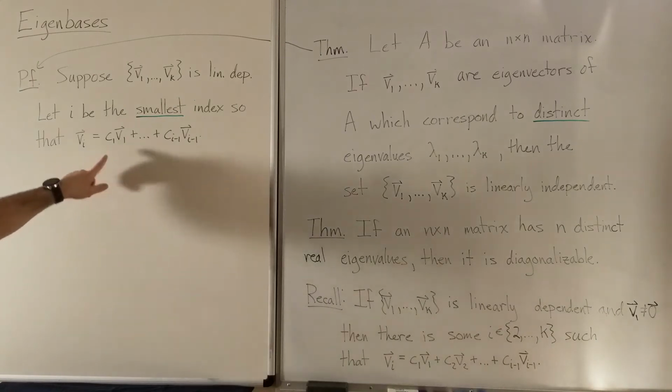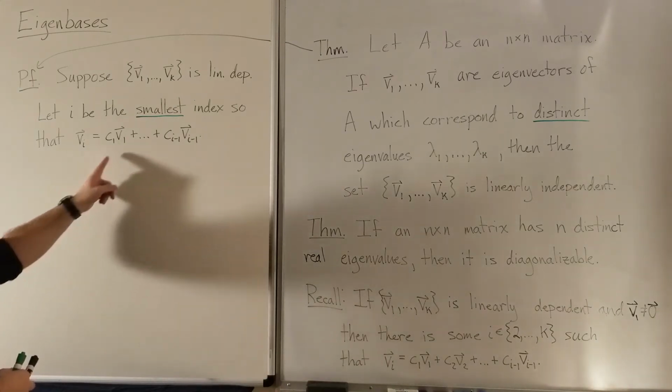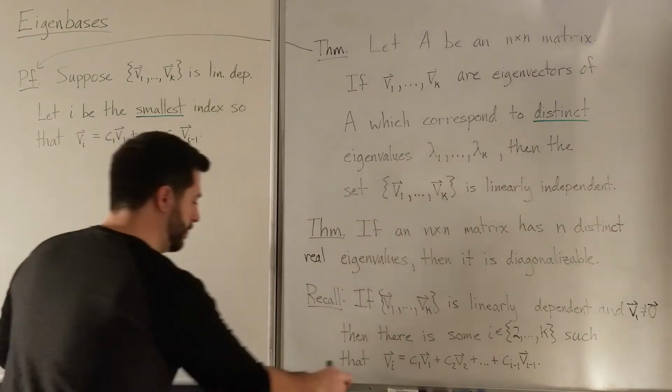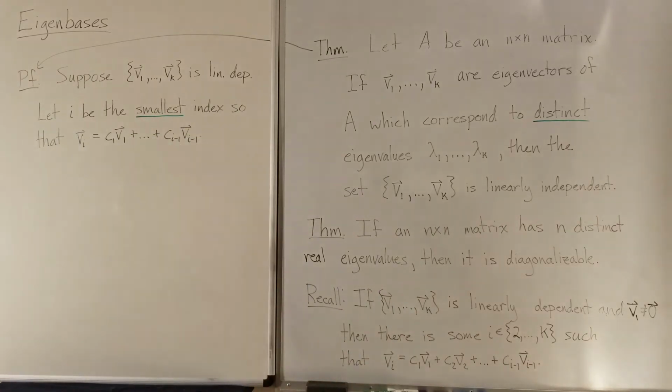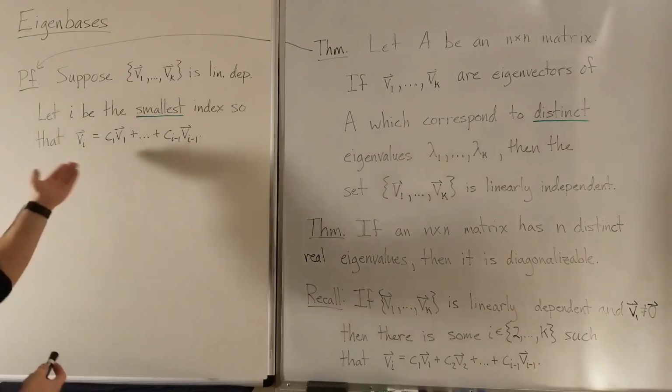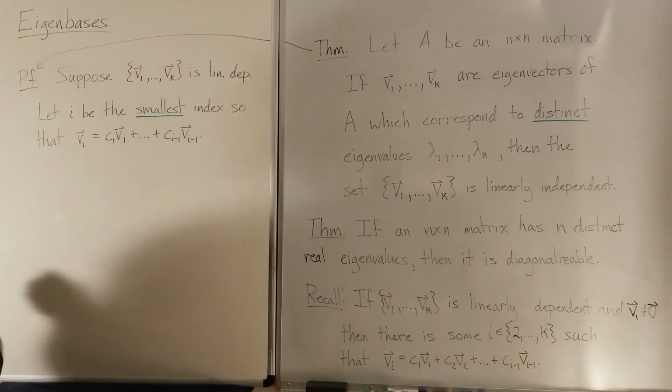Okay. So I have this smallest one, and I'm going to now take this equation right here, and I'm going to apply A to both sides. So I have this matrix A, I'm going to apply it to both sides and see what I get.